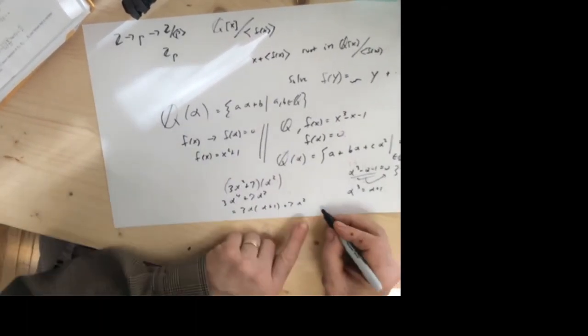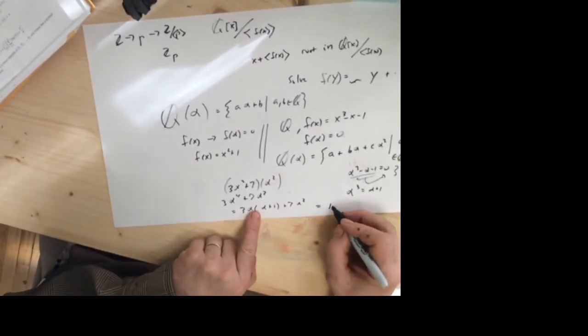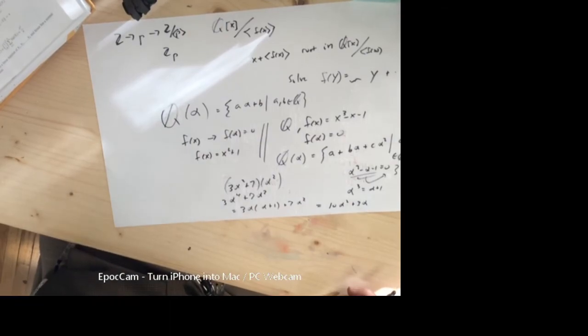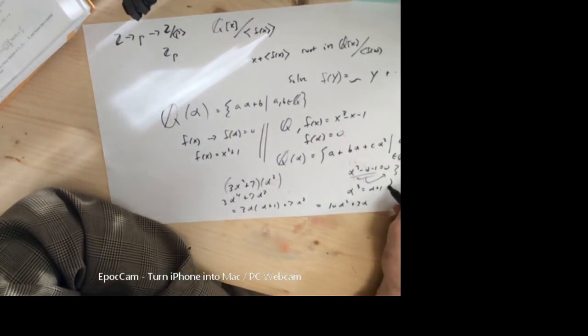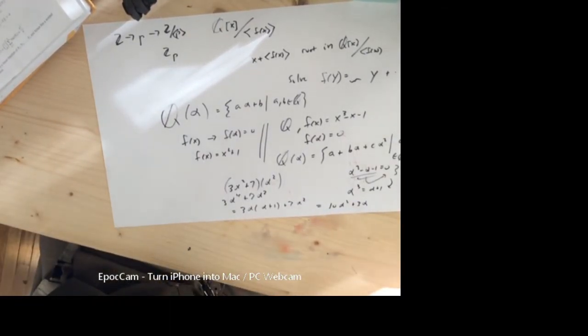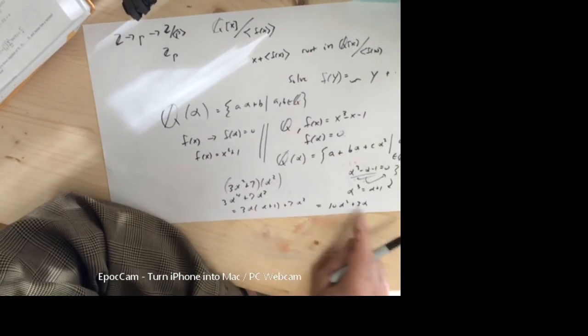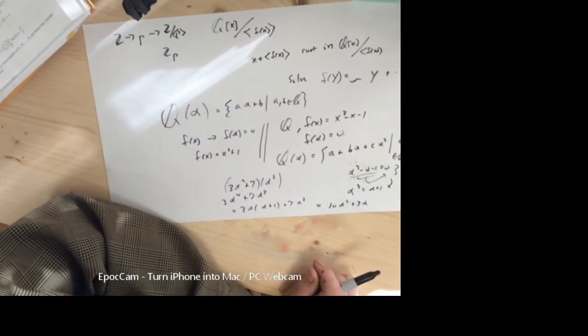And I get the expression here, 10 alpha squared plus 3 alpha. This reduction is part of what long division and the modulus effect does up here, which can be very complicated. But down here, it can be very simple.